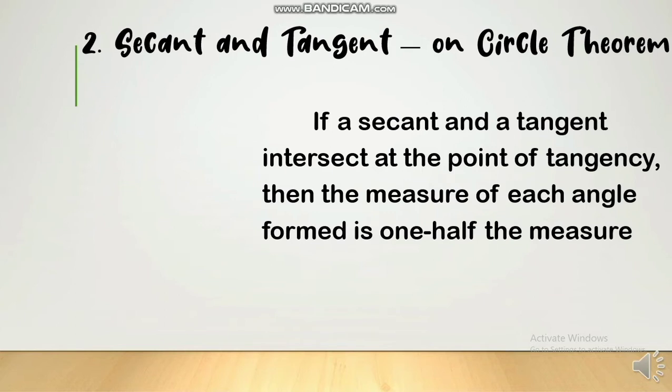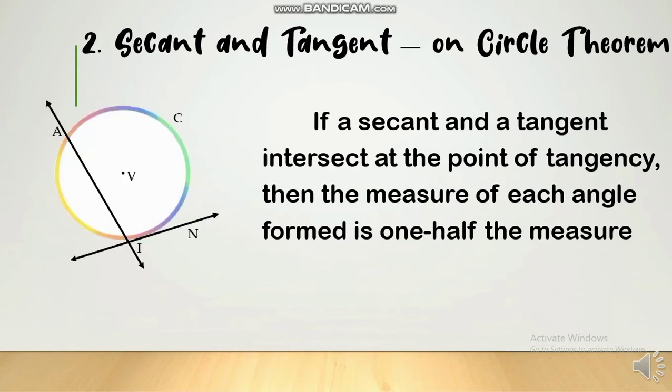So if you will look at the figure, we have a secant line, which is line AI, and a tangent line, which is line IN, that intersect at the point of tangency, which is point I. So the measure of angle AIN is equal to 1/2 the measure of arc AI.